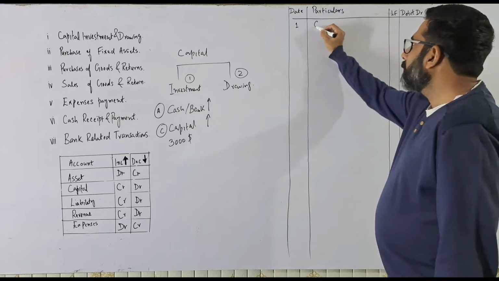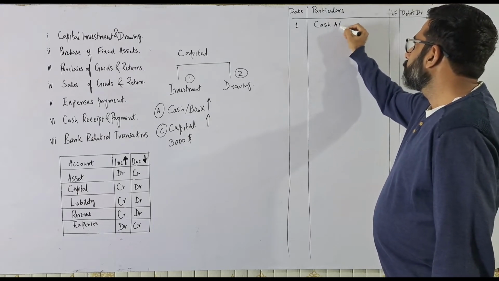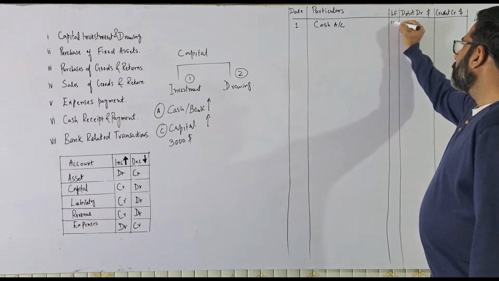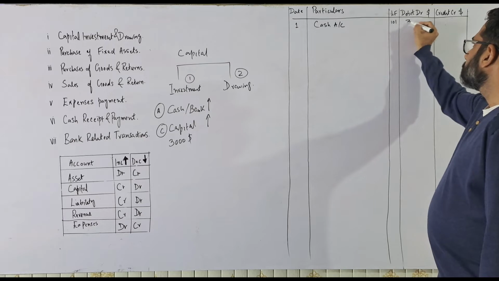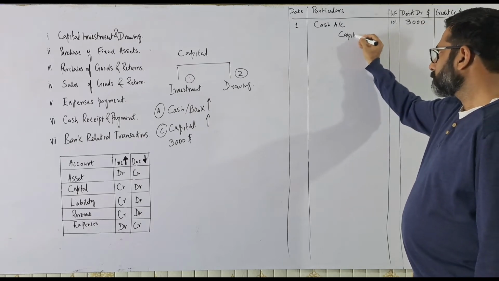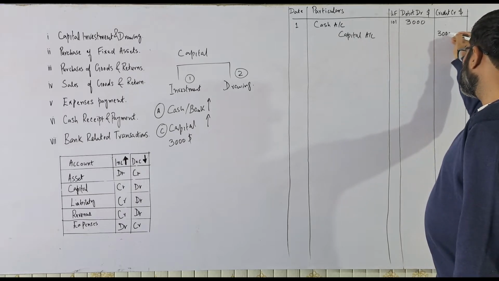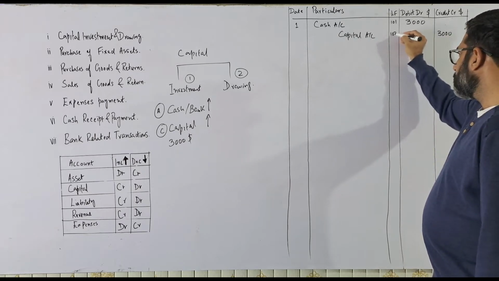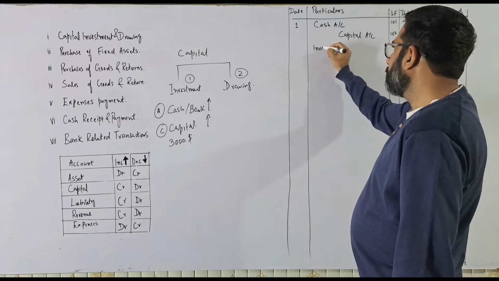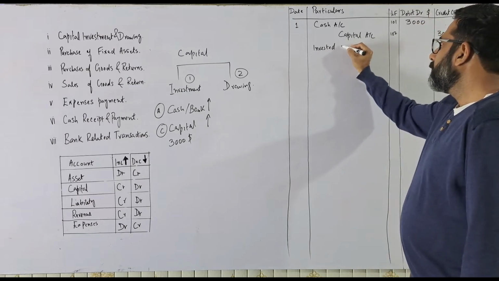The cash account as an asset will be debit, say 101, and then the capital account, 3,000, say 102.